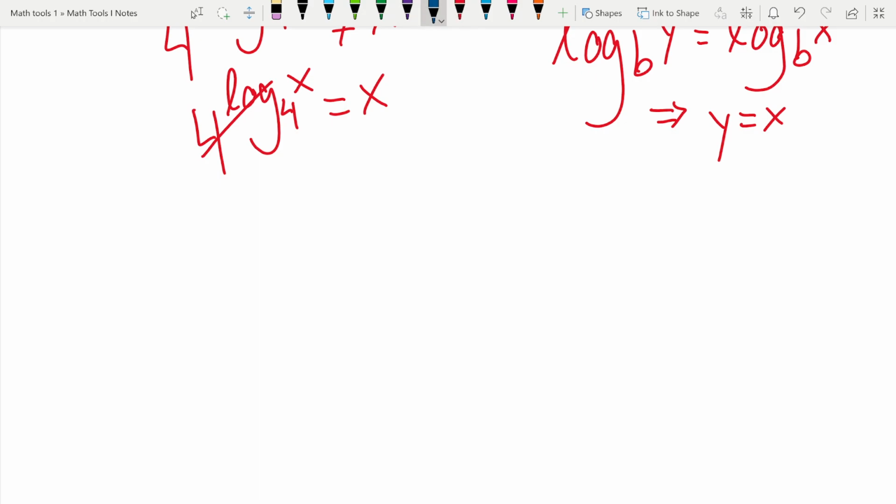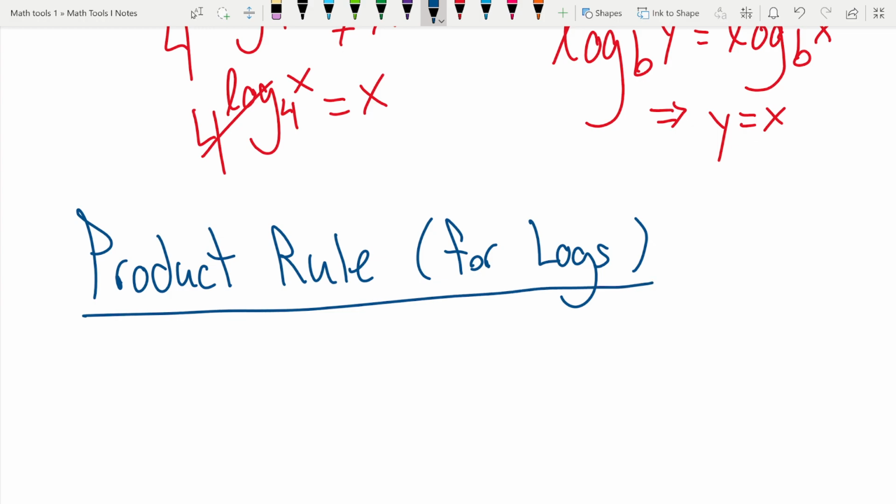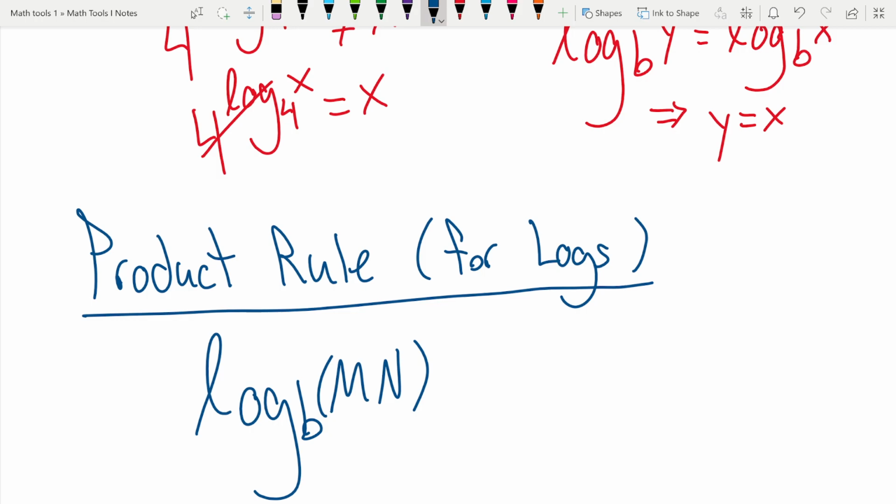Next up is the product rule, the first property we looked at for exponents. Sometimes it's called the product rule for logs or logarithms, but it's actually just a consequence of the product rule for exponents. I'll just show what it is first, and then we can prove that it's true.